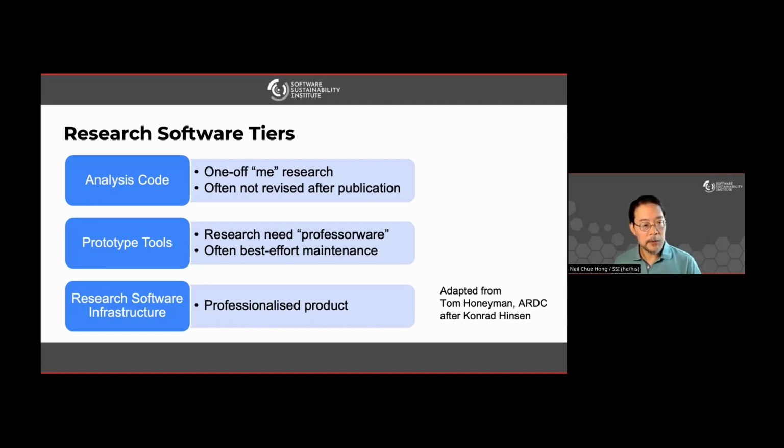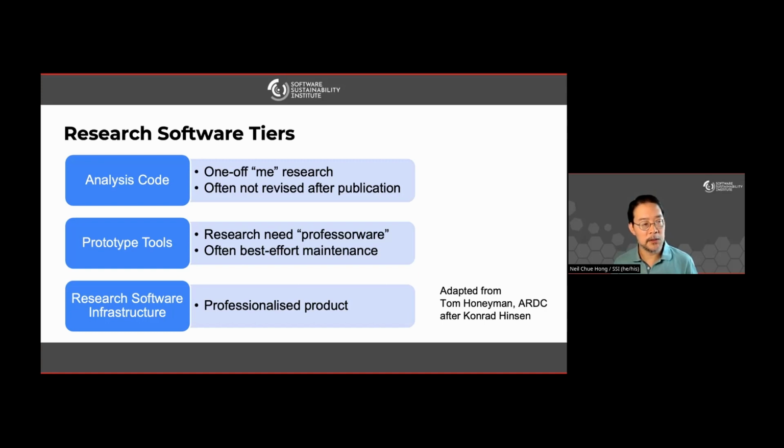Moving a bit further down the stack, you have prototype tools. These are the sorts of things that I work a lot with, where they have developed beyond analysis code, where they're being used multiple times because they have a piece of functionality that's very useful for a particular part of the research, but they're not supported in the way that a product might be. They are things that are often done with best effort maintenance.